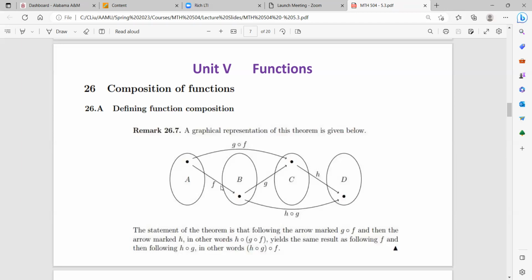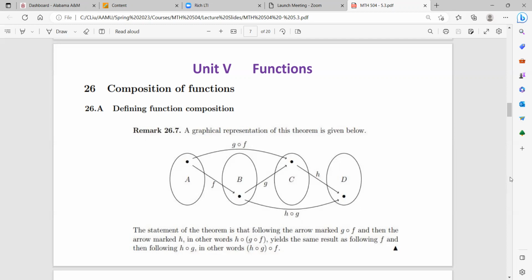So these two paths of compositions give the same mapping from A to D. Again, because F, G, H are all functions, the mapping is unique.